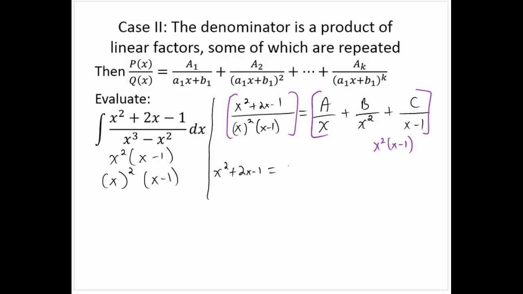On the right-hand side, I have the x squared times x minus 1 times a over x. So I'd have a times x minus 1. From the second term, I'd have b times x minus 1. And from the third term, I'd have c times x squared. So the right-hand side becomes ax squared minus ax plus bx minus b plus cx squared.